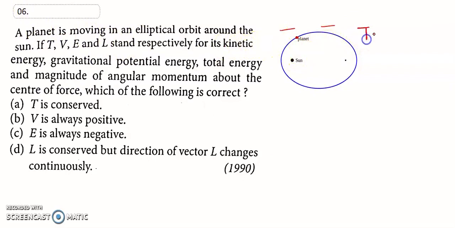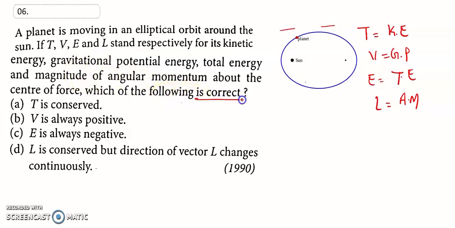T is the kinetic energy, V is the gravitational potential energy, E is the total energy, and L is the angular momentum.